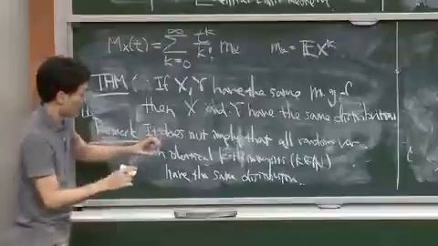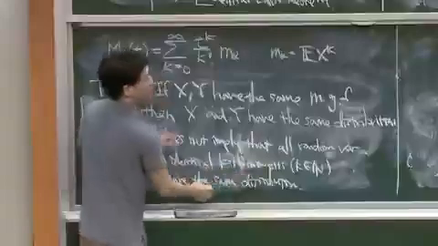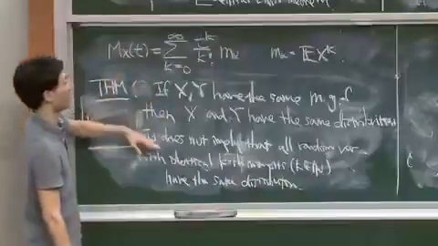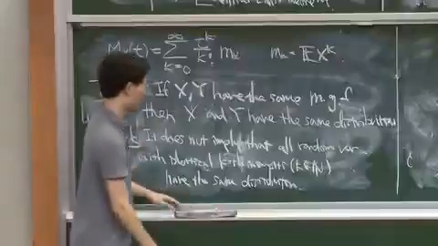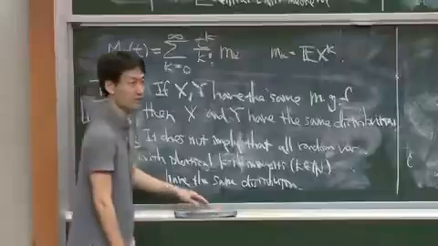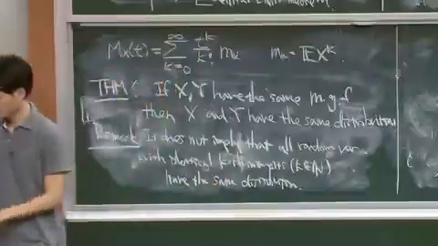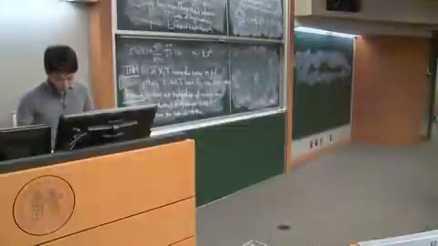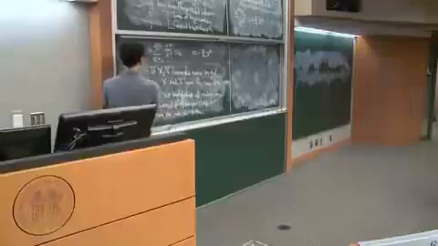Just remember that even if they have the same moments, they don't necessarily have the same distribution, and one reason is that the moment generating function might not exist. If you look into Wikipedia, you'll see an example of two random variables where this happens. Okay, so that's one thing we will use later.